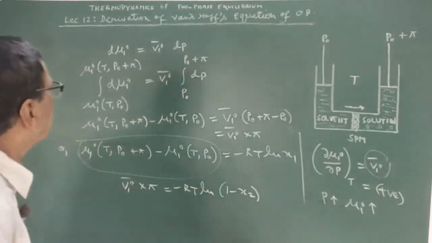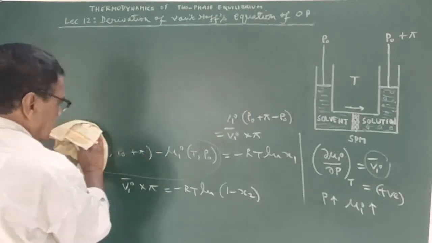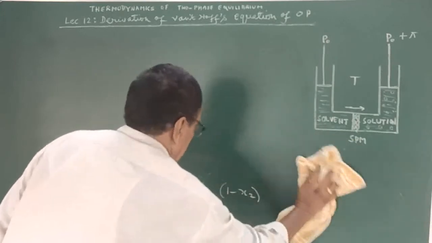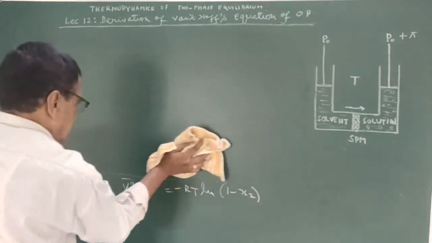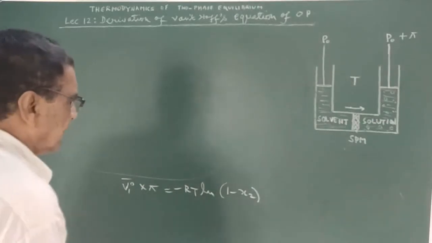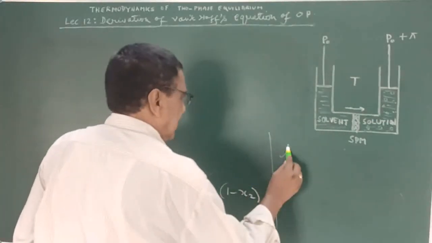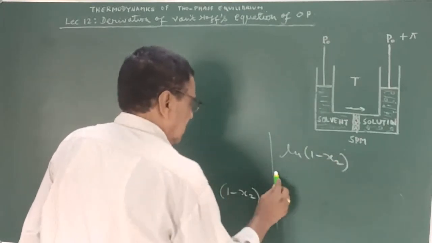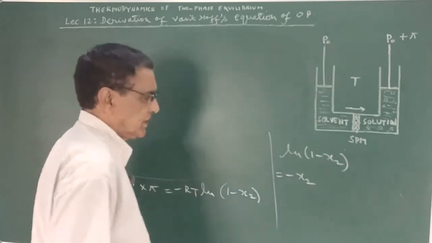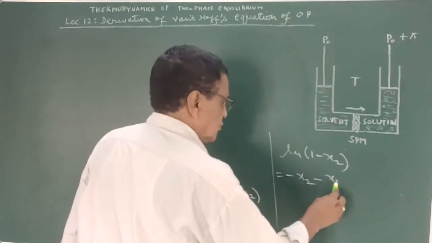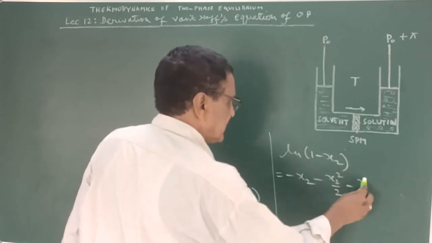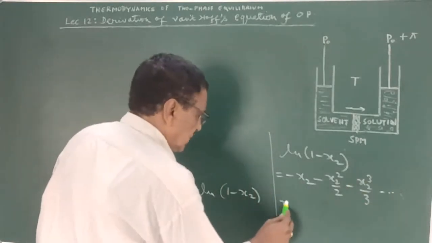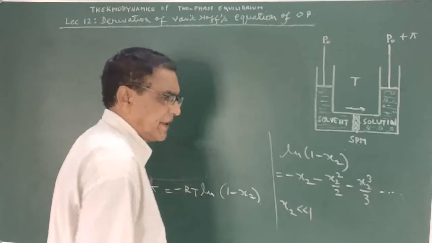If we expand the logarithmic expansion, ln(1 minus x2) you can write as minus x2, minus x2 square divided by 2, minus x2 cube divided by 3, and so on.